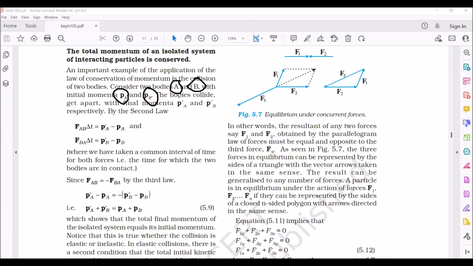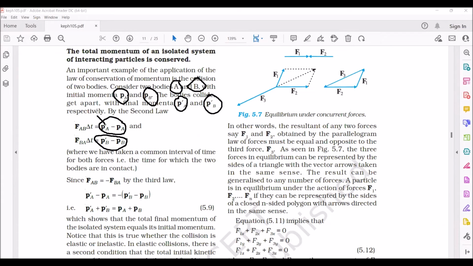For object A, the final momentum is P dash A, and for object B, the final momentum is P dash B. So the change in momentum for A is P dash A minus PA, and the change in momentum for B is P dash B minus PB.